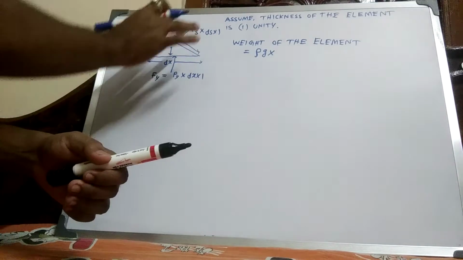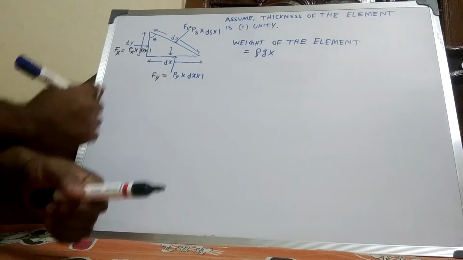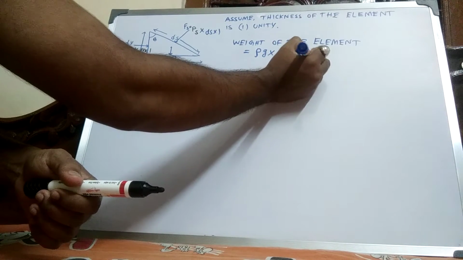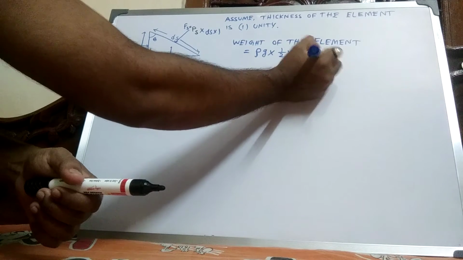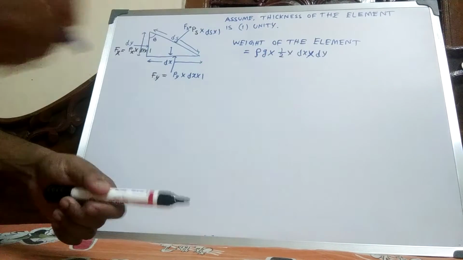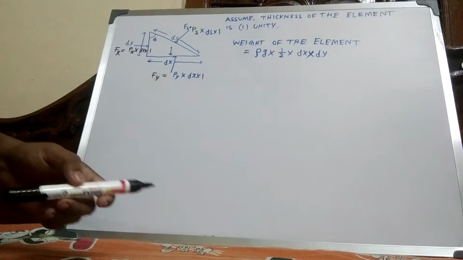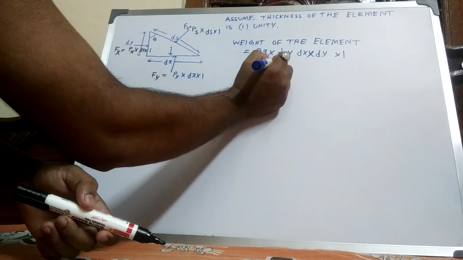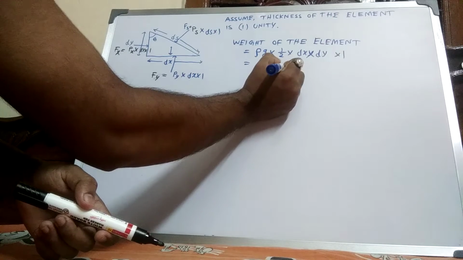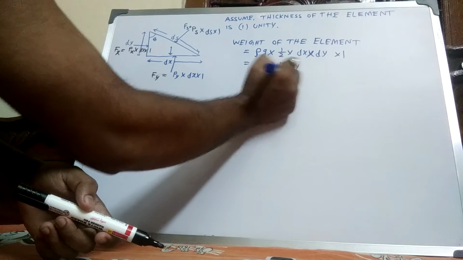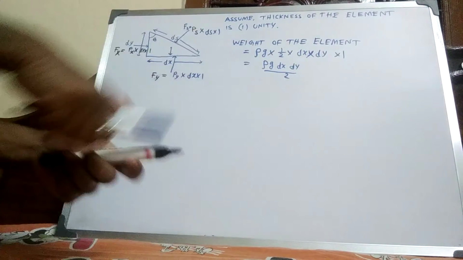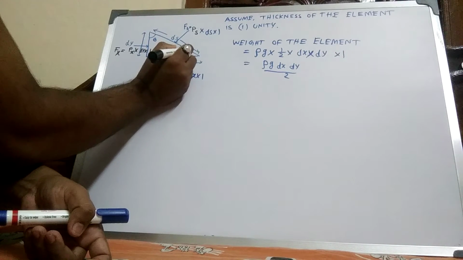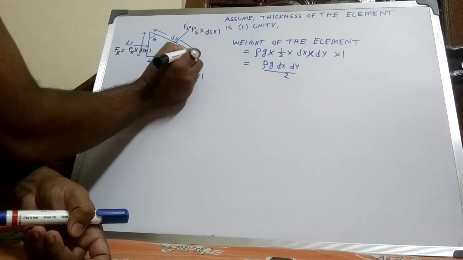The element is triangular, so the area is half into dx into dy, into thickness 1, so the weight is rho g dx dy by 2.